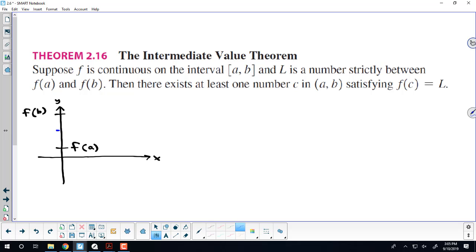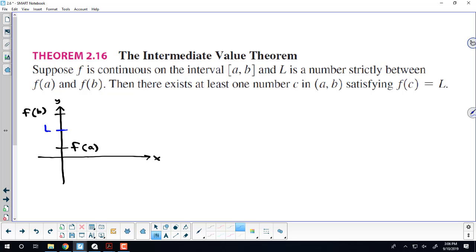There's some number L in between f(a) and f(b), such that there has to be an x value that gives me that L. There has to be some input on the x-axis, called c, that when put into the function gives you that L.